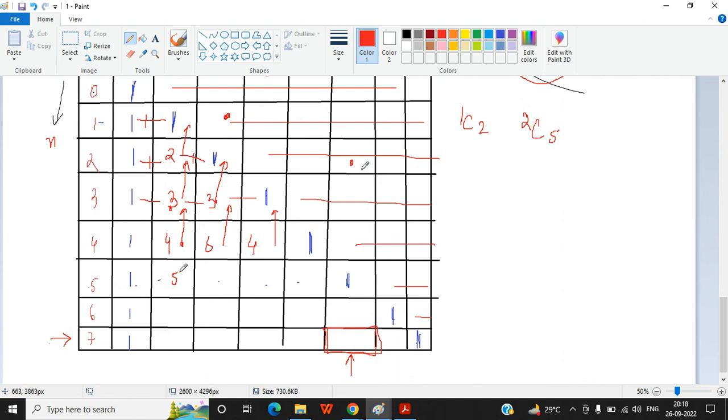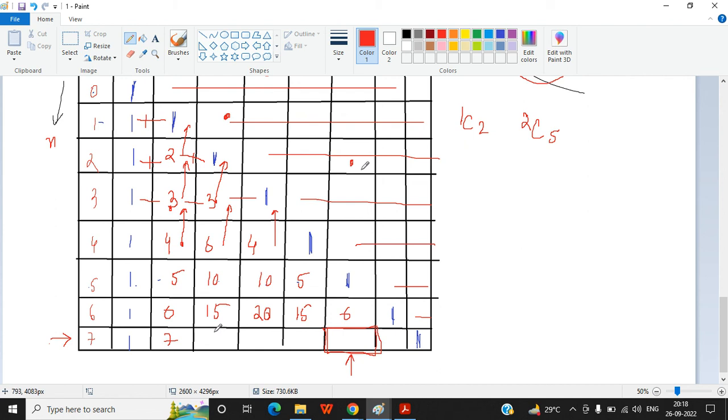Here it is 5, then 10, 10, again 10, 10, again 5, 5, 6, 6, 15, 15, 20, 20, 15, 15, 6, 6.